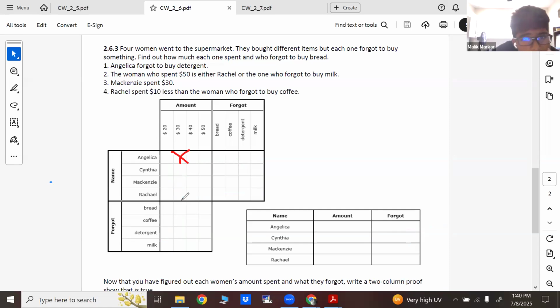So, Angelica forgot to buy the paper. So she didn't forget anything. She didn't forget this. The woman who spent $50, either Rachel or the one who forgot to buy milk. 50 for Rachel or the one who, and she didn't spend 80.